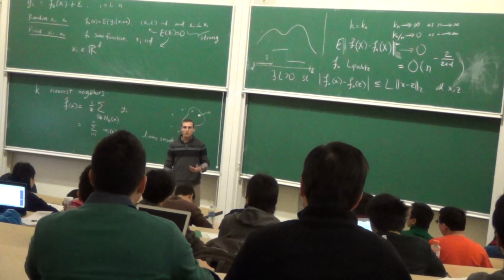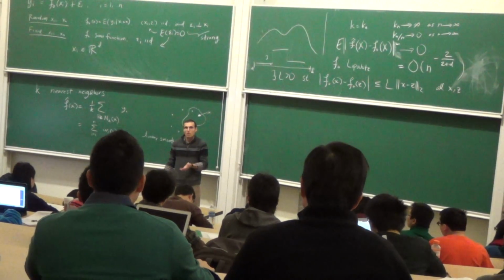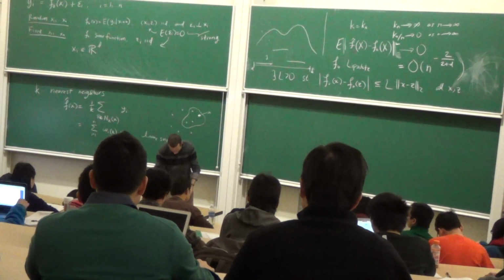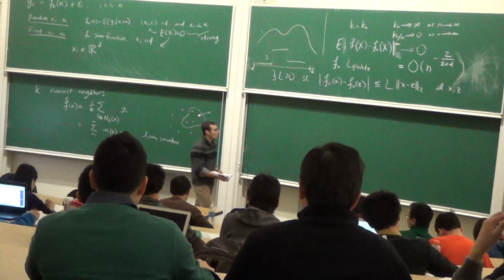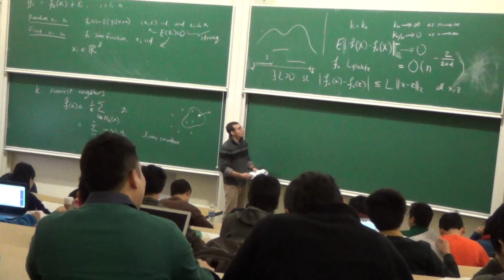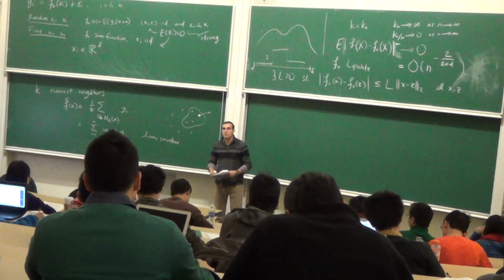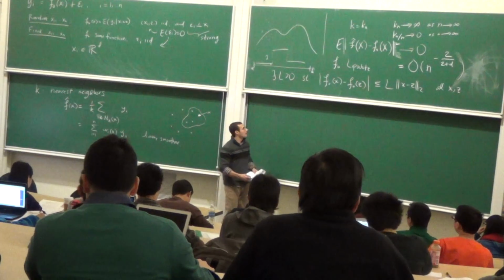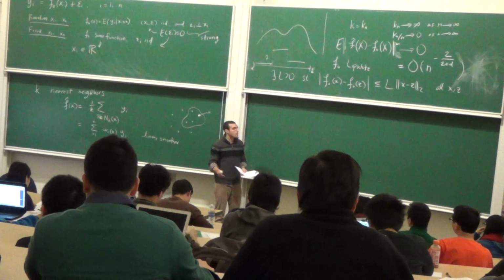When we talk about reproducing kernel Hilbert spaces, I'll try to say RKHS, or call them Mercer kernels, which is not bad terminology for them. So we're going to move from discrete averages essentially to smooth averages. That's all we're going to do. It's really going to be the same story. And I'll just assume d is 1 for simplicity.